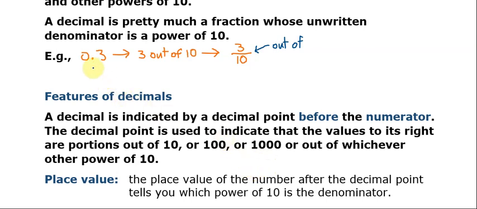So looking back at the example here, we have 0.3. Now, this 3 following the decimal point actually is a numerator, which is the number 3 as we have here in the common fraction. And the unstated denominator would be 10. So how do we know that it should be a denominator of 10?